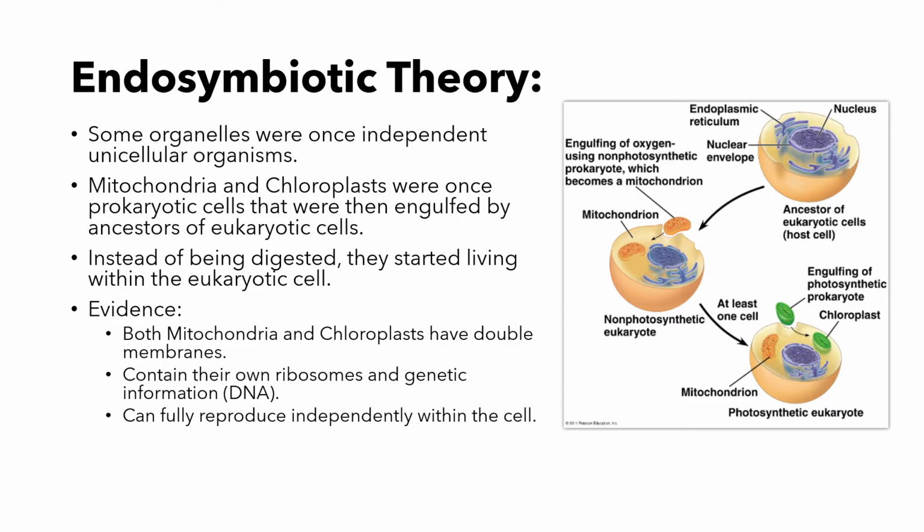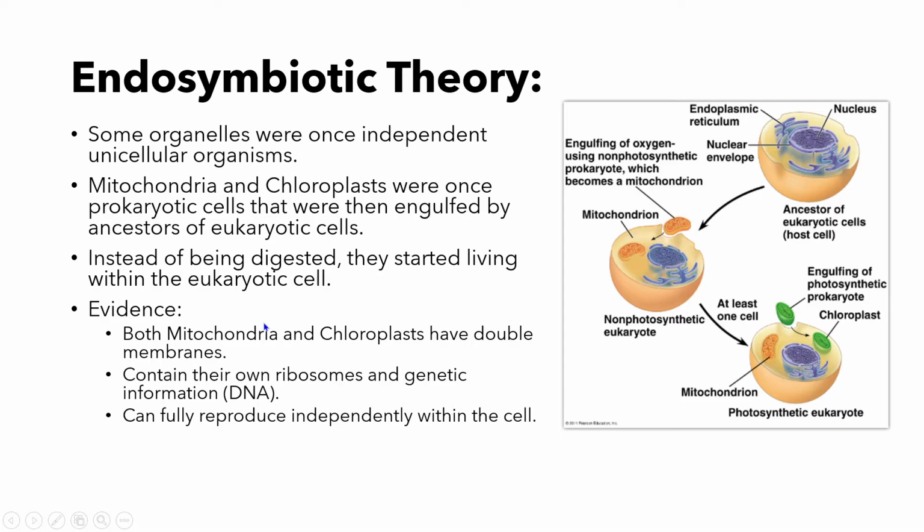The idea was that mitochondria and chloroplasts were engulfed at some point by ancient ancestors of eukaryotic cells, and instead of digesting them, these eukaryotic cells created a symbiotic relationship with the mitochondria and chloroplasts.